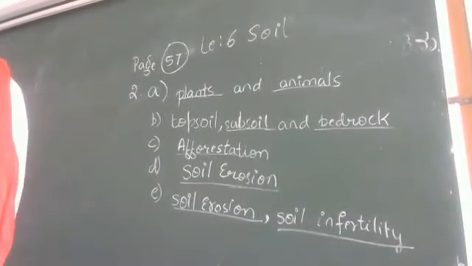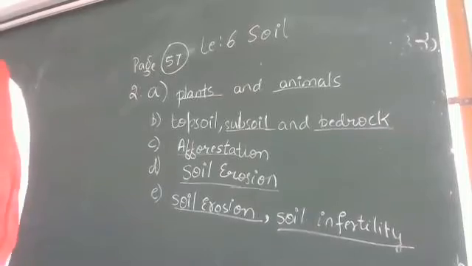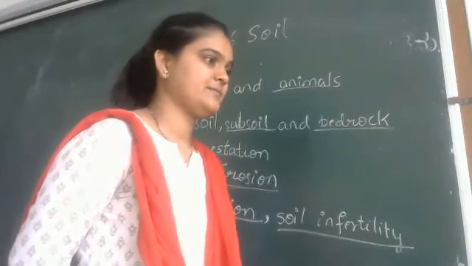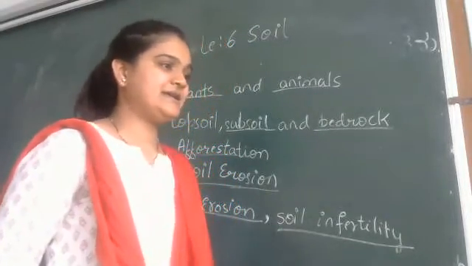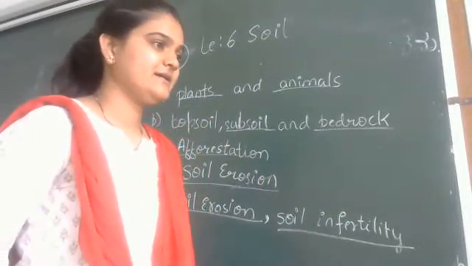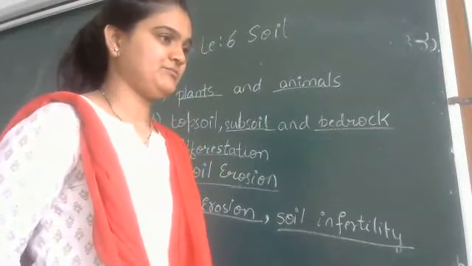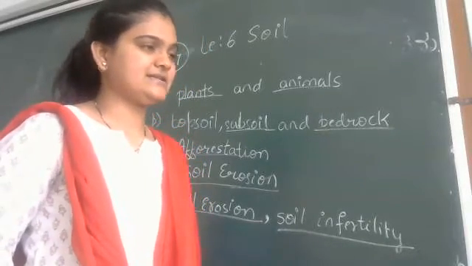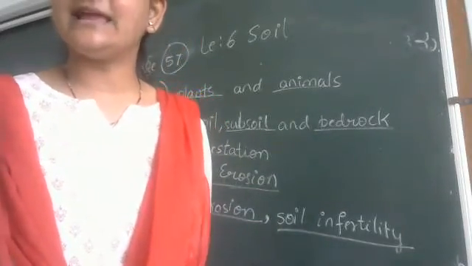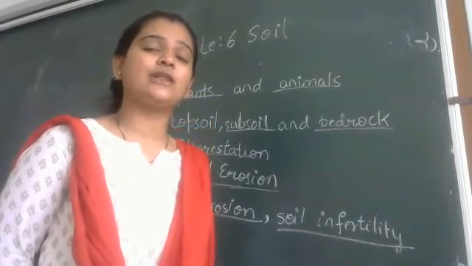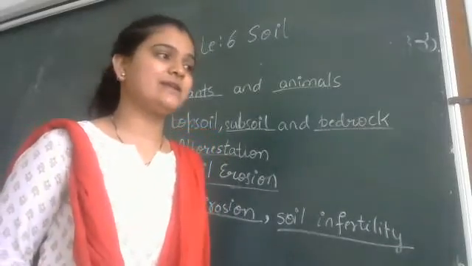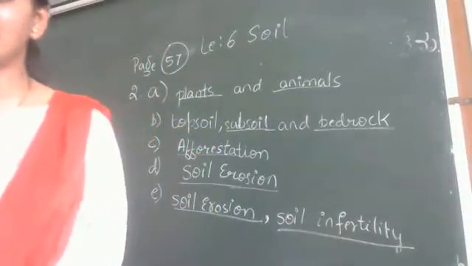What is soil made up of? Yes, it is made up of sand, clay, rock particles, and decayed organic matter, which is known as humus. Okay, you can write it as humus, right?